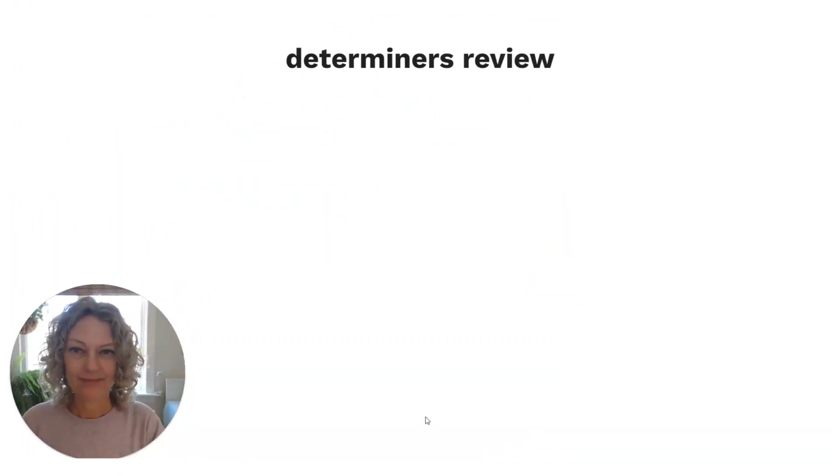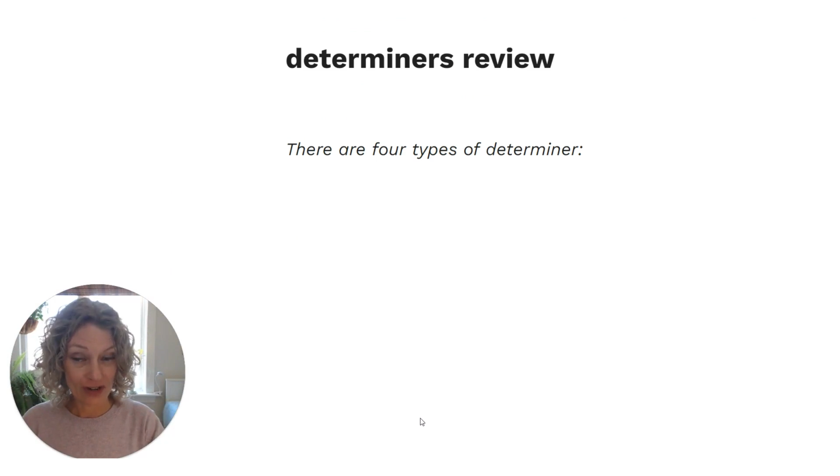In this lesson, we'll be looking at the last type of determiner, which are quantifiers. Let's review what we've learned so far. There are 4 types of determiner.